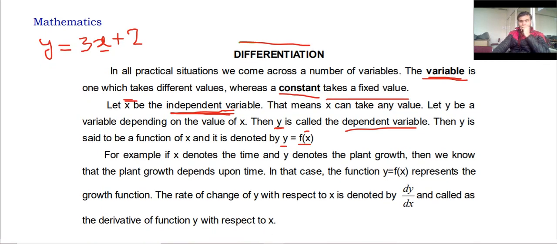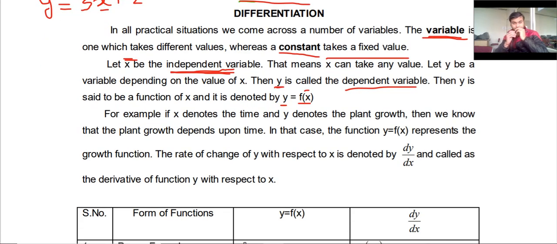Now we go to differentiation. Suppose x is time, the independent variable, and y is the growth of the plant. The growth of the plant depends on time.